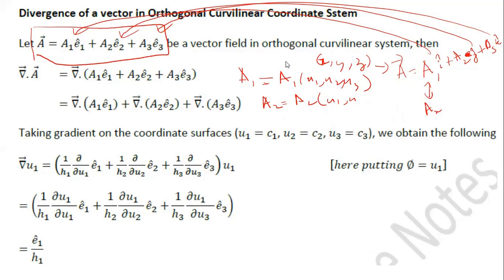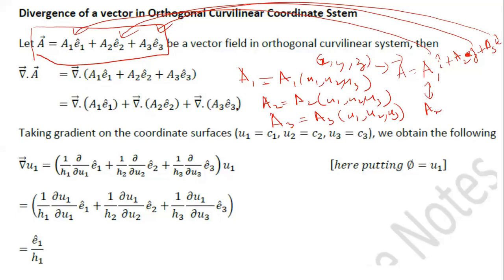Therefore, when you are going to take a divergence of that vector field, considering the analogy with your Cartesian system, you can express it like this. The divergence of a vector has a first term, second term, third term. So individually, you can split it into divergence of the first term, divergence of the second term, divergence of the third term.